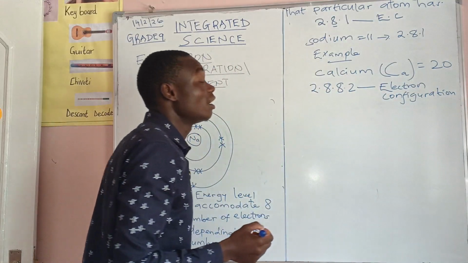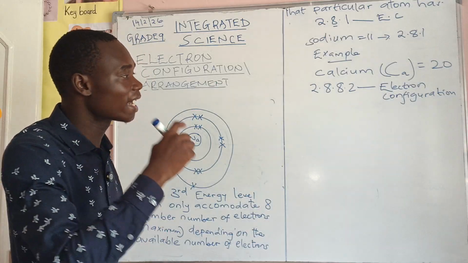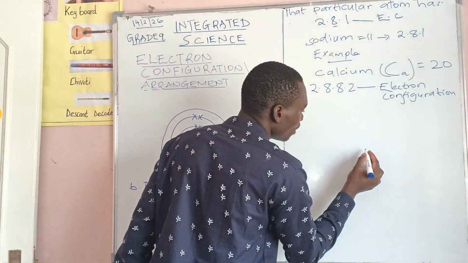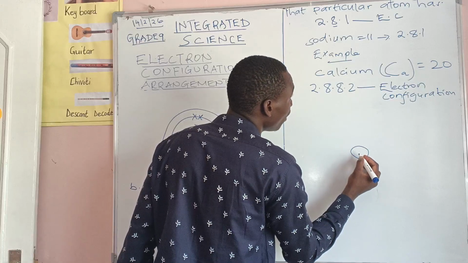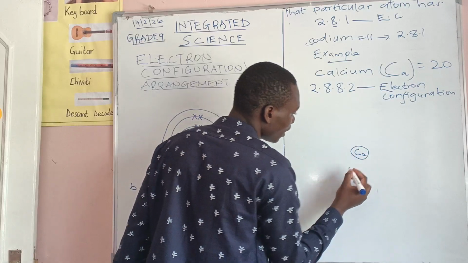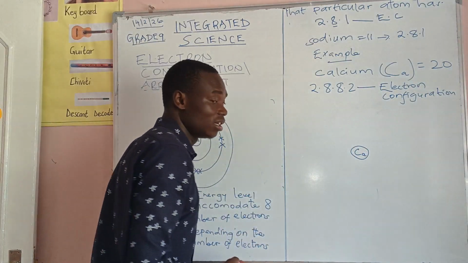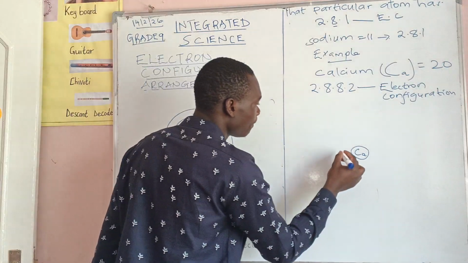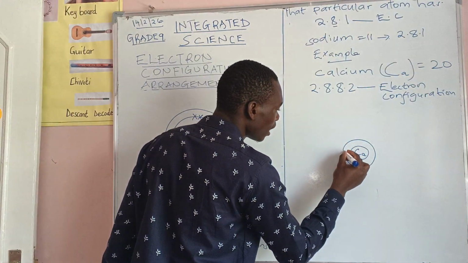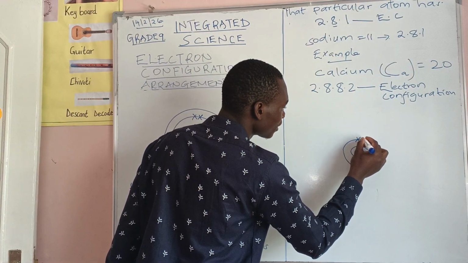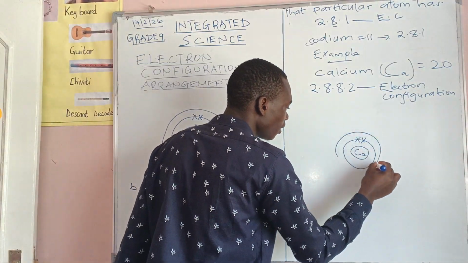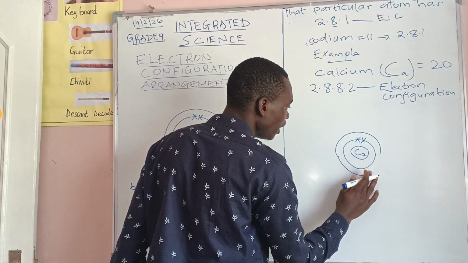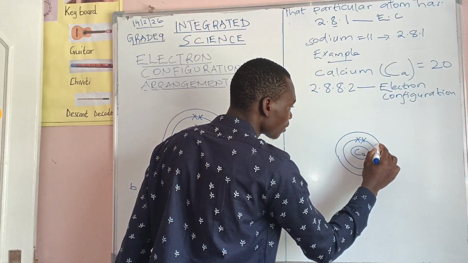Let us see the electron configuration diagram, or rather the structure. We draw the nucleus for calcium as an element, Ca. The first energy level can only accommodate 2 electrons. The second energy level can accommodate 8 electrons.